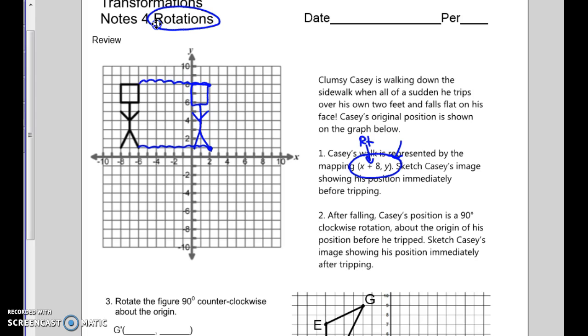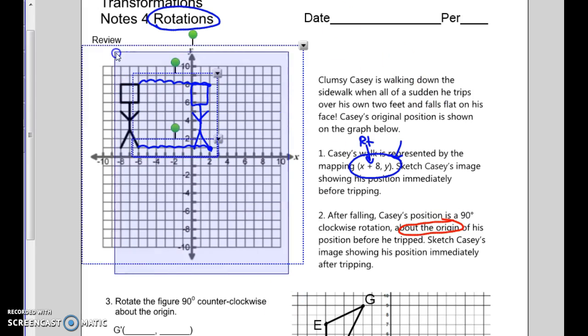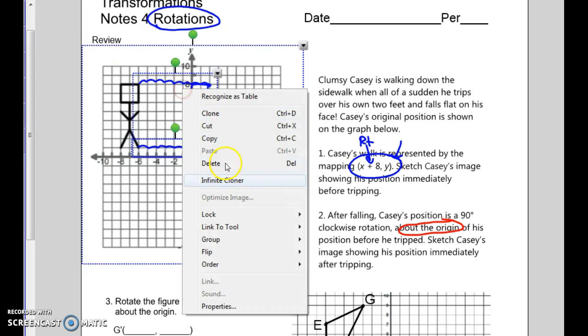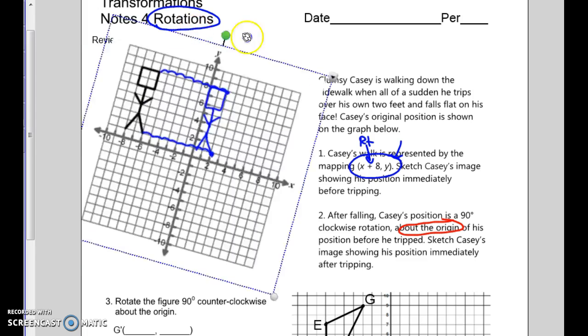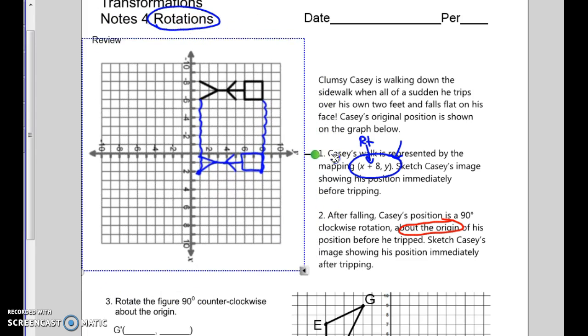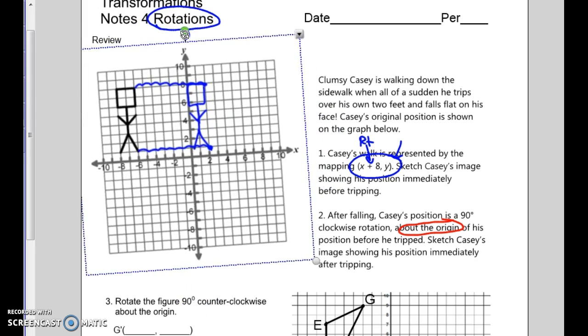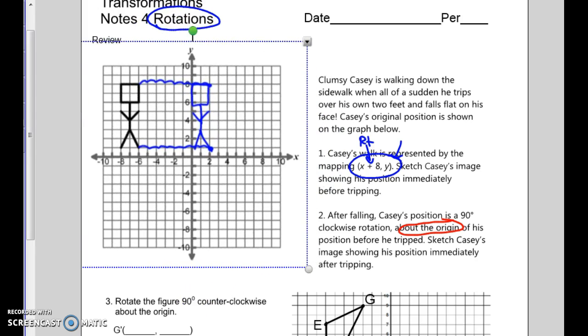And remember, when we're rotating around the origin, what I told you is it was like just taking your paper and you could just rotate your paper 90 degrees. So this blue figure is what it should look like after it's been rotated. So I'm going to go ahead and just draw it on there so you can see that it's actually a different thing, but I'm rotating it around the origin.